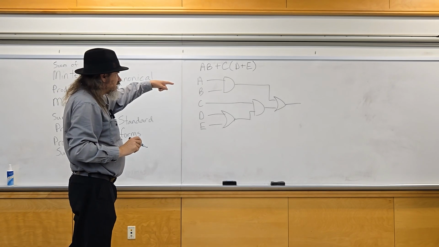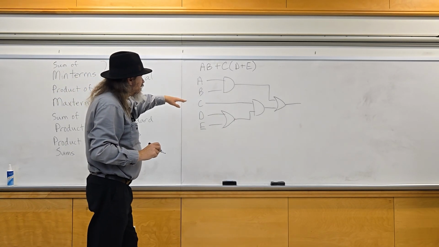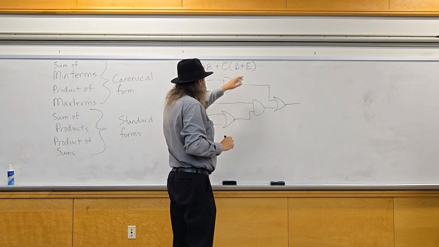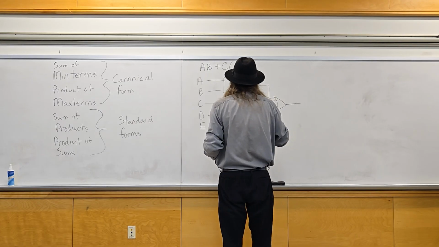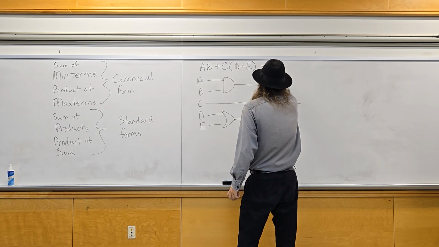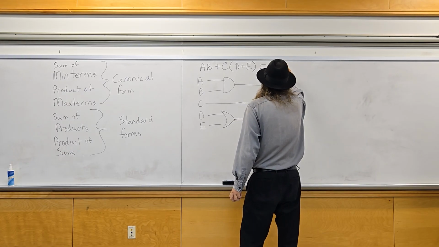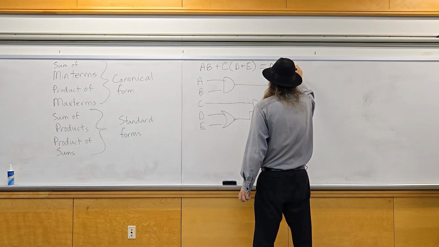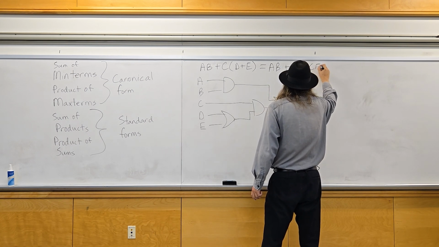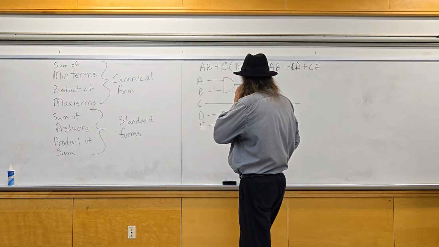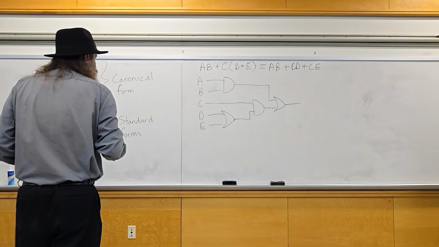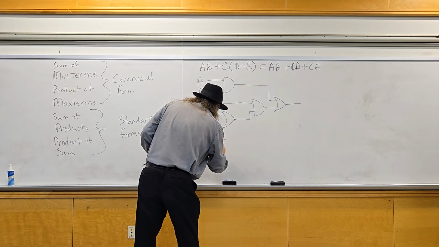But if you reduce this to a 2-level, distribute the C across the OR here, you get AB plus CD plus CE. Right? Which uses more gates.